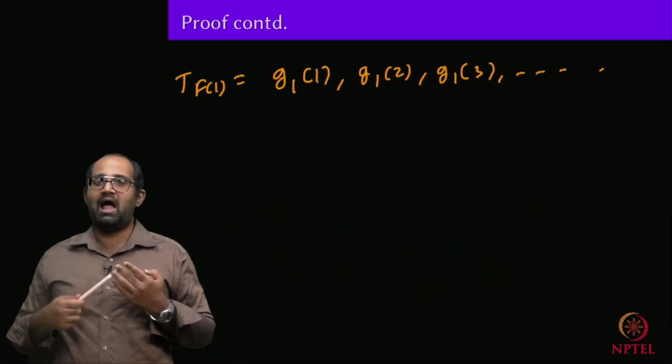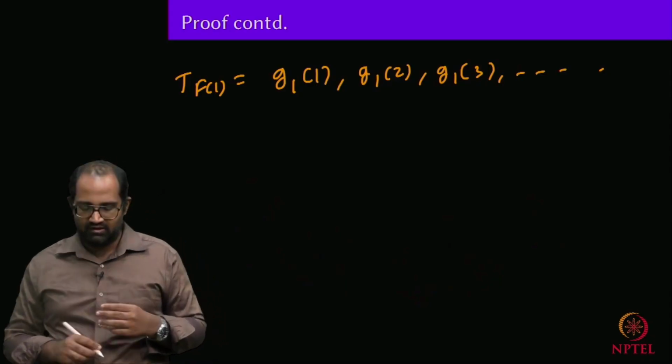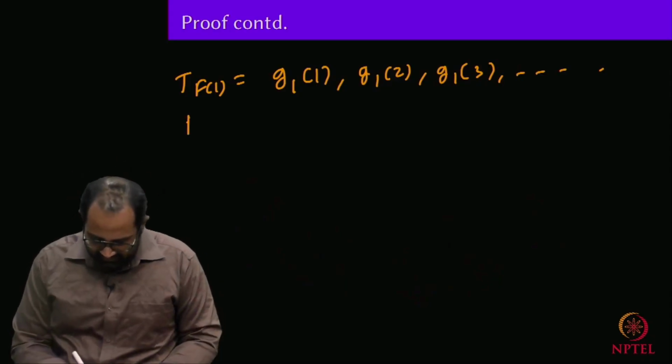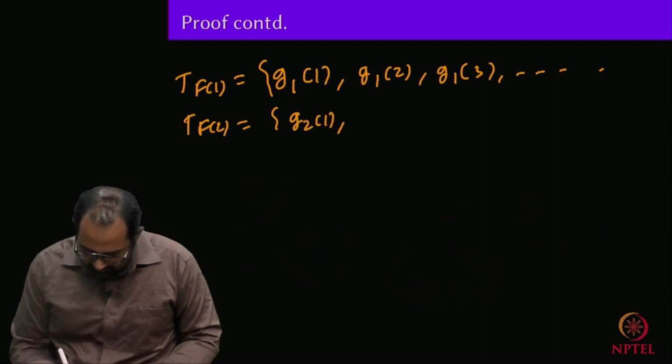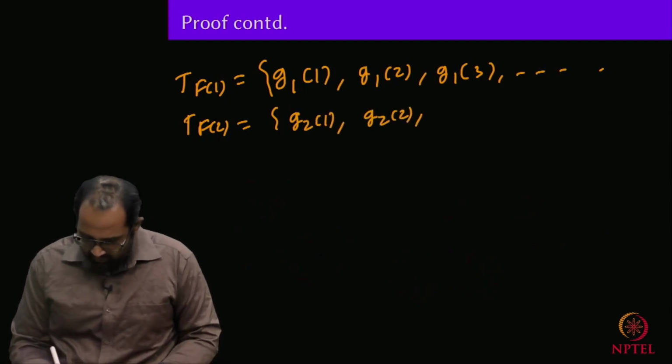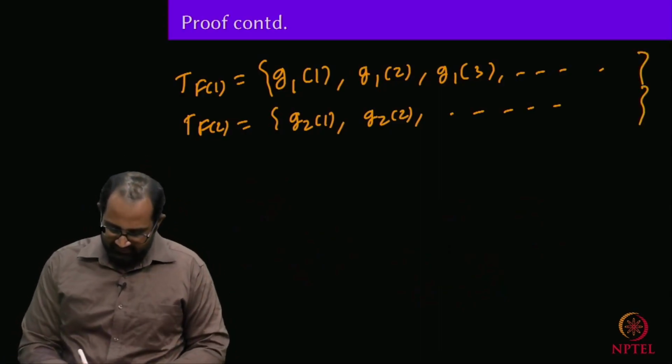If T_f(1) happens to be finite, after a stage it will all be repetitions. Similarly, I can write T_f(2) as the set g21, g22, dot dot dot. And you can see where this is going.